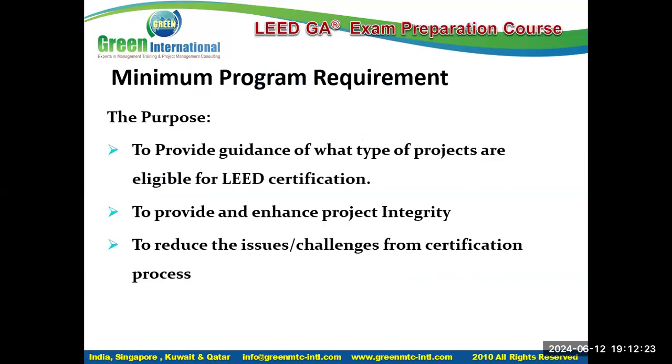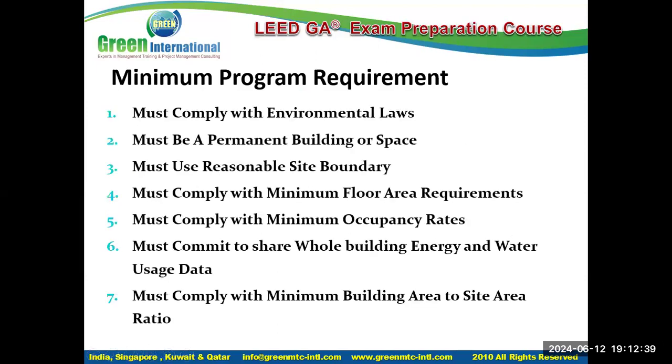What are the minimum program requirements? Why are they necessary, right? This is to provide guidance on what type of projects are eligible for LEED certification, and also to provide enhanced project integrity to reduce the issues and challenges in any certification process. What are the minimum program requirements? Must comply with the respective country's environmental law. It should be a permanent building, right?